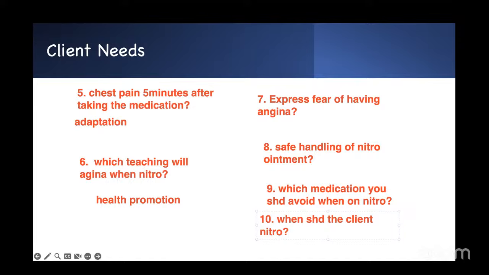I know you will say teaching, but what is the question asking? Which client needs? Remember, you're getting graded on client needs. You're getting graded on safety. You're getting graded on physiological adaptation. You have to understand that language so that with each question you see it through those eyes, oh, they're asking me about health promotion.